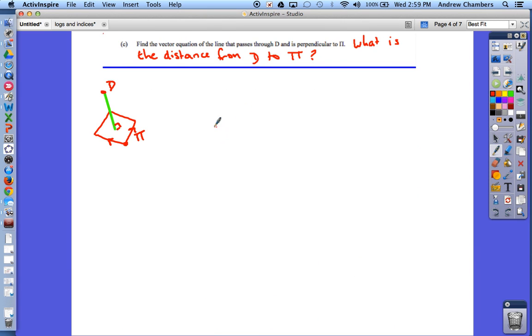So an equation of the line that goes through D has the point on the line as 5, 3, 7 plus lambda lots of 1, 2, 2. Now the question is, why is it 1, 2, 2?